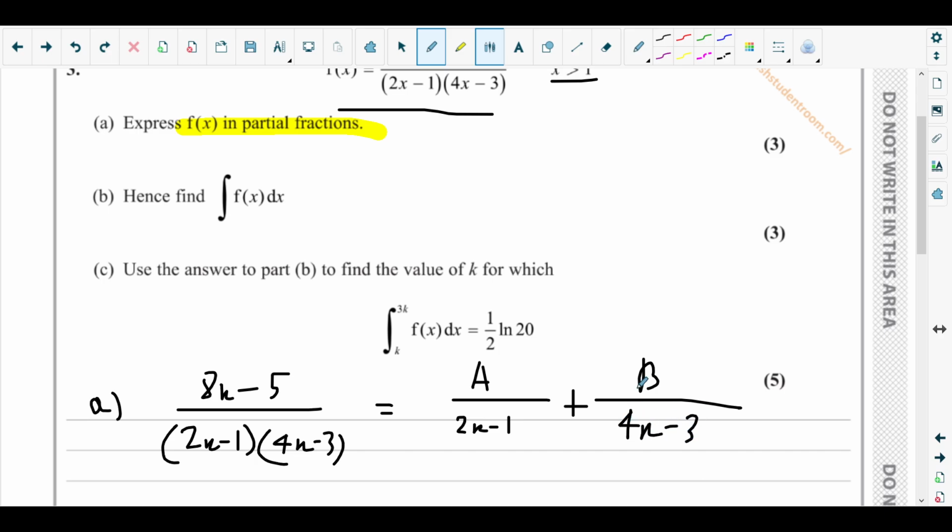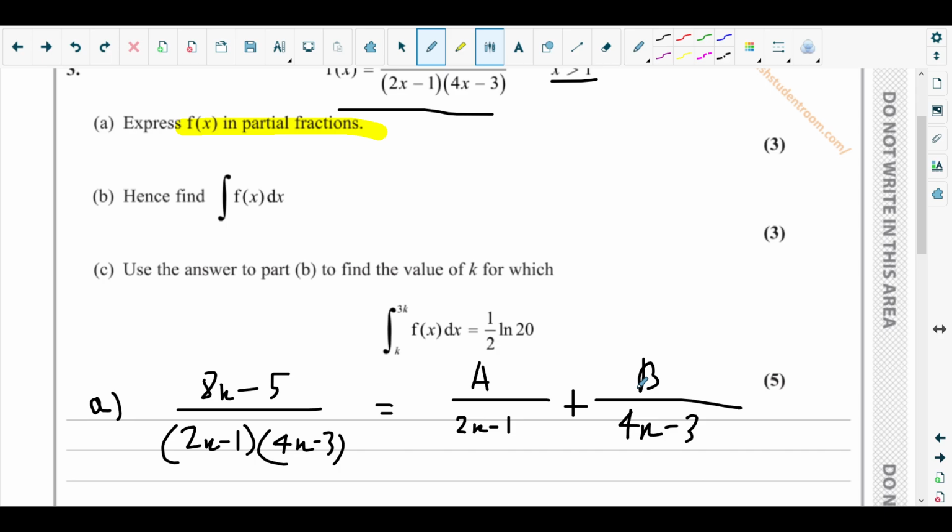Most of the students get confused here: how can we consider the partial fraction? Because partial fractions can be in different forms, like ax plus b, or like a over something. So in what cases do we consider which partial fraction?